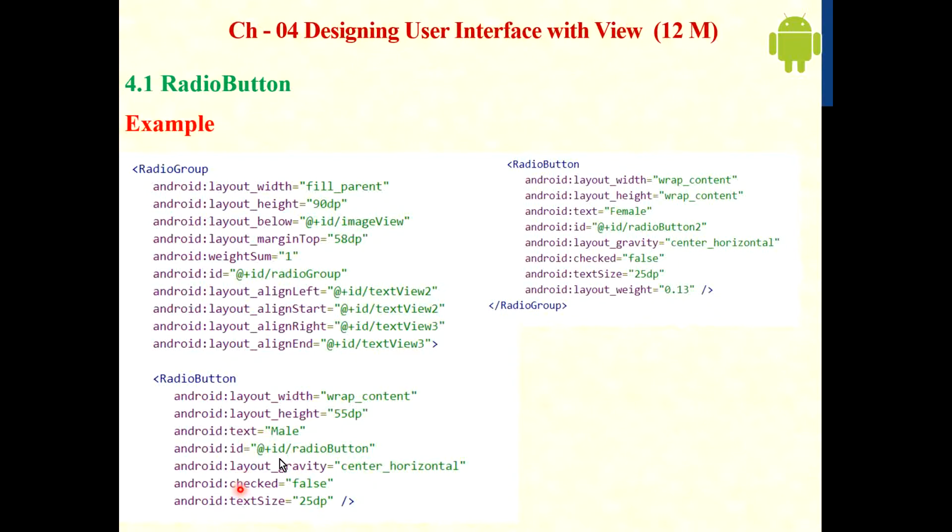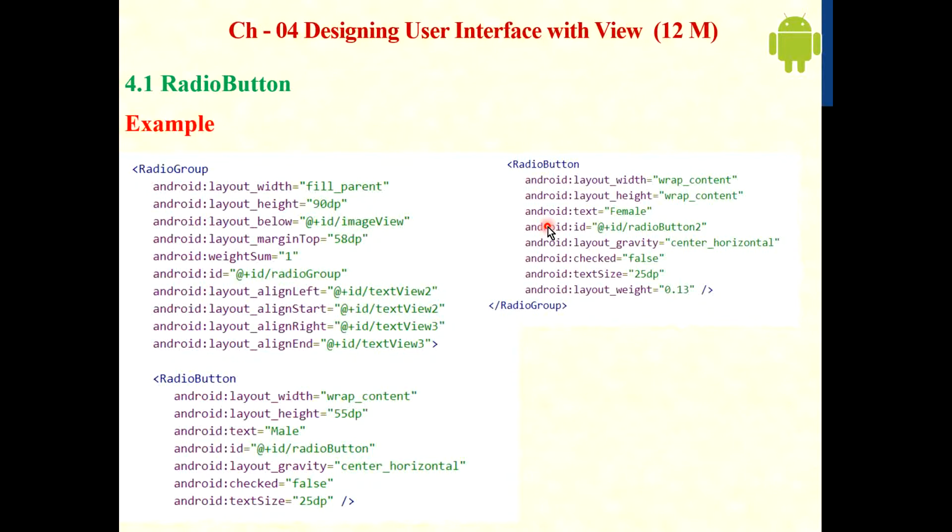These are some common attributes that we already saw in previous lectures. Here I create the second radio button that displays the text female, and set the position. We can also use various layout managers to set the position of the components. So this is a simple example of buttons.